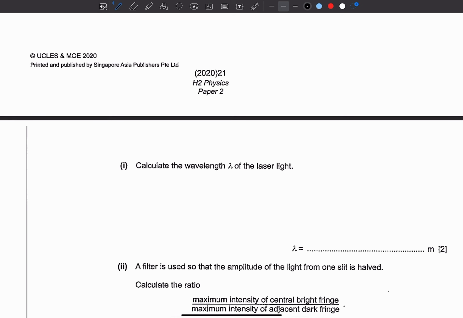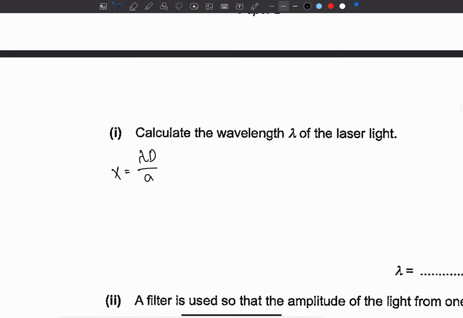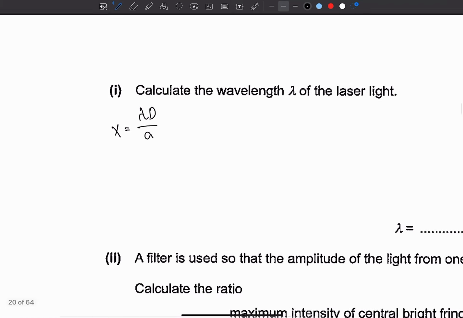In a double slit experiment, the first formula that you would think of would be this. X equals lambda d over A. Is x given? Yes. Is d given? Yes. Is a given? Yes. And what are they looking for? Looking for lambda. So everything's given to you. We just have to rearrange the formula.